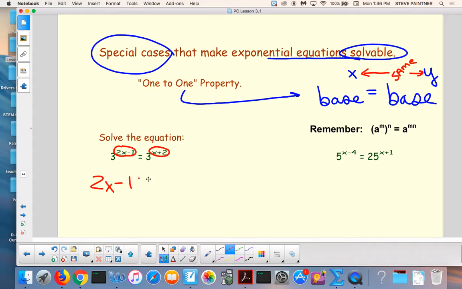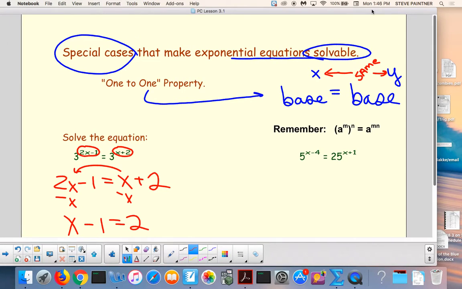When is 2x minus 1 going to equal x plus 2? That's all you got to do. It's so easy. So, what'd you get? 3, didn't you?